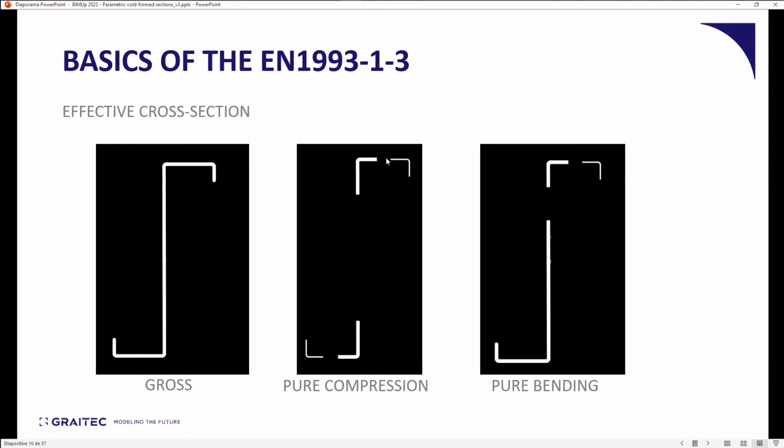and the end stiffener will get a reduced thickness. So this is an effective section, but only in pure compression, because these effects will differ in case of pure bending, because the stress distribution on the section will be different.